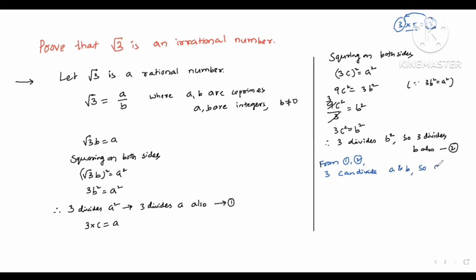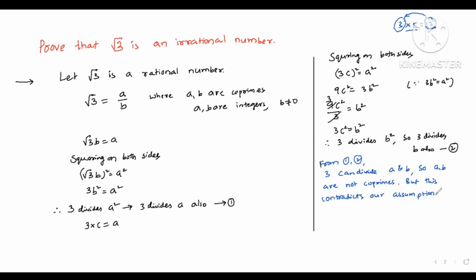So a, b are not co-primes. But this contradicts our assumption. This contradiction has arisen because of our assumption. So our assumption is wrong.